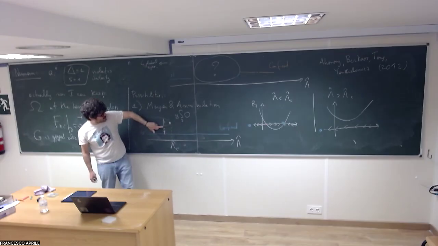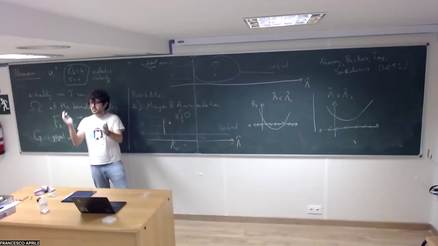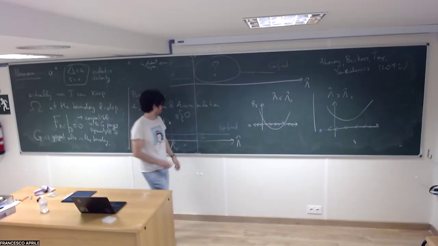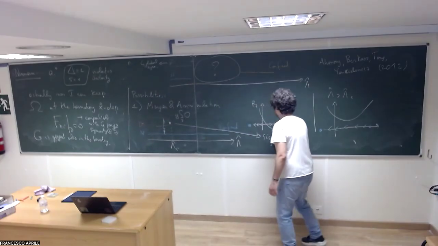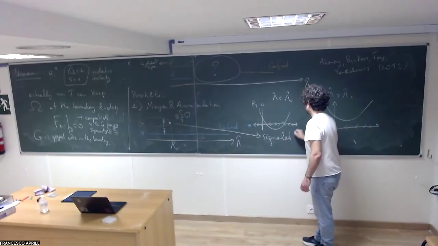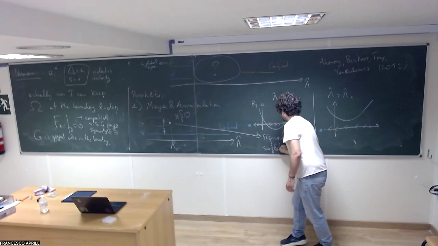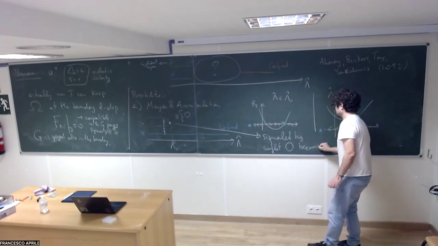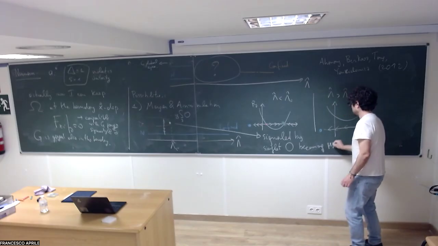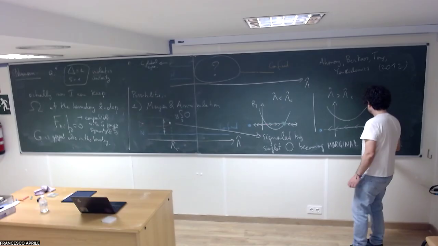Here this operator must be relevant on one side, irrelevant on the other side. So when the two points meet, how do I see it? I see it because O becomes marginal. So this is signaled by the singlet O becoming marginal, which means it has dimension 3.